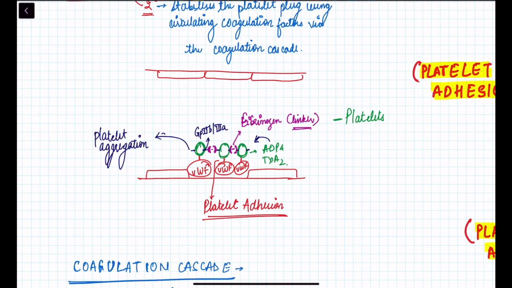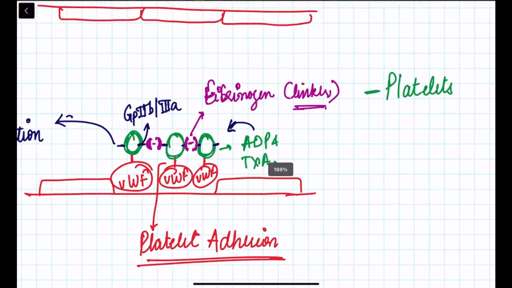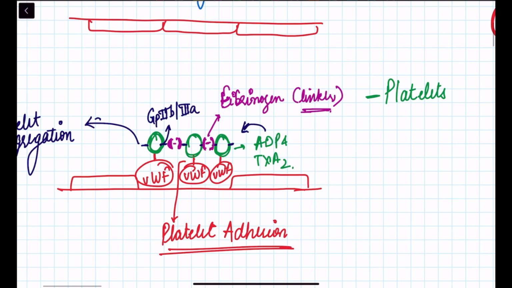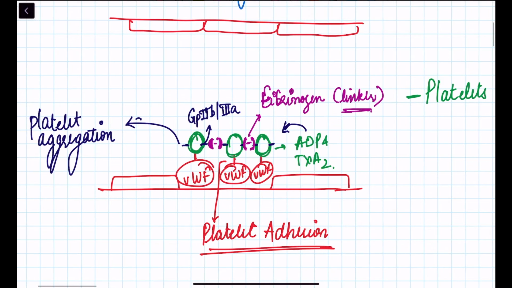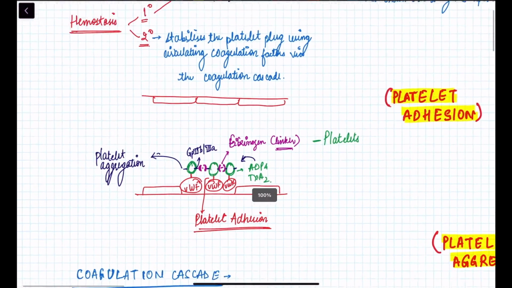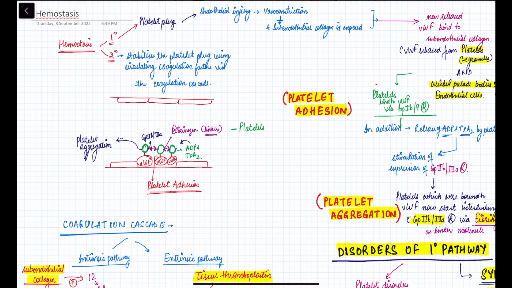The thing you see in red is platelet adhesion, and it is via the platelet GP1b-IX receptor. After this, as we discussed, ADP and TXA2 are released, the GP2b3a receptor is expressed, and there is platelet interlinking, which is called platelet aggregation. So we've learned about primary hemostasis.